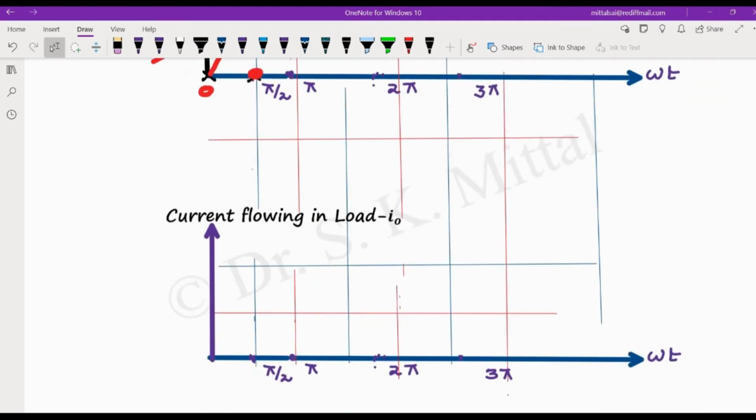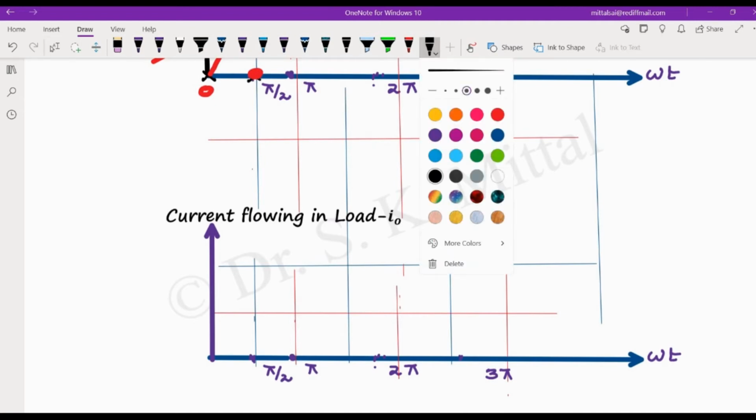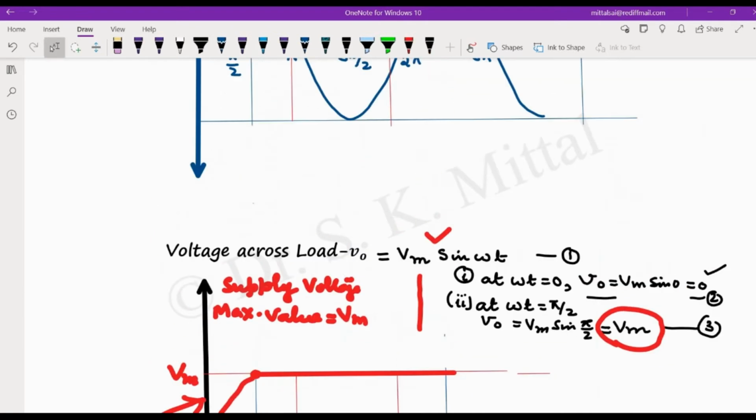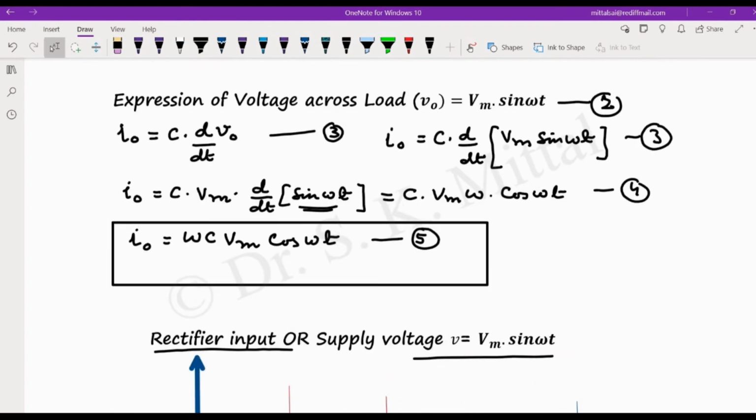Now, to know the current expression, we will go to the expression for current. The expression for current is given here: I0 is equal to omega C Vm cos omega t.